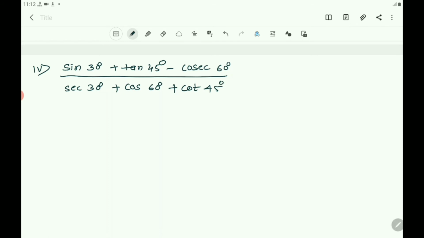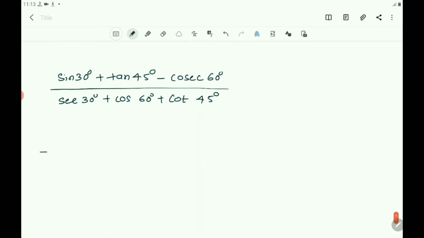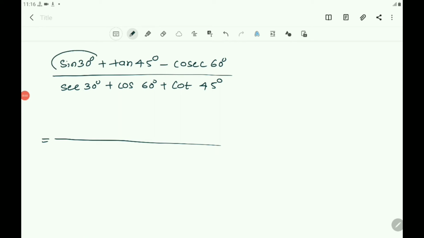Now you write that one. Sin 30 degree plus tan 45 degree minus cosec 60 degree by secant 30 degree plus cos 60 degree plus cot 45 degree equals, you know that sin 30 degree is 1 by 2 plus tan 45 degree.